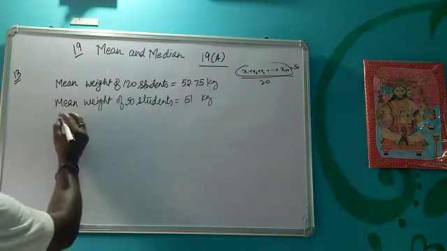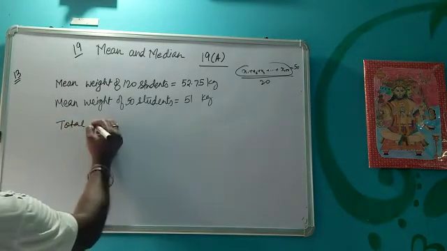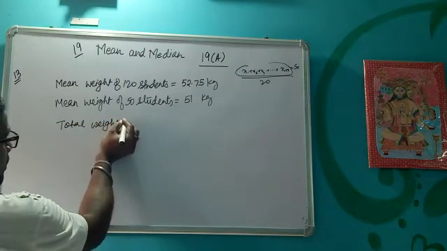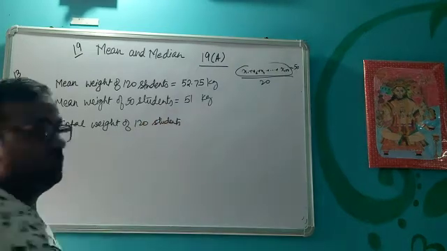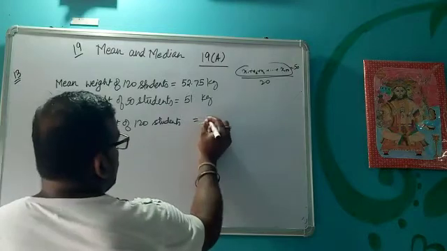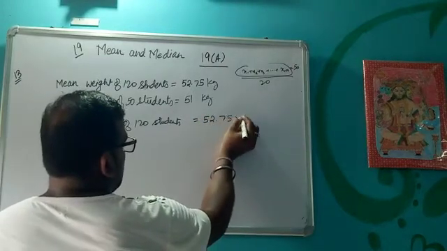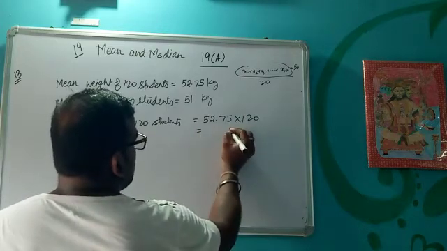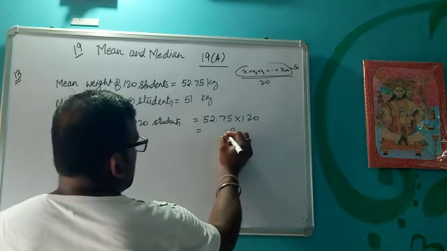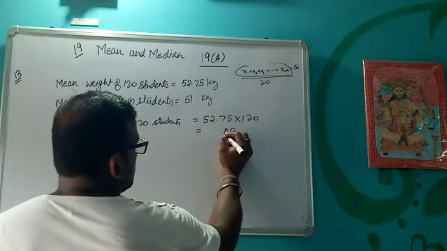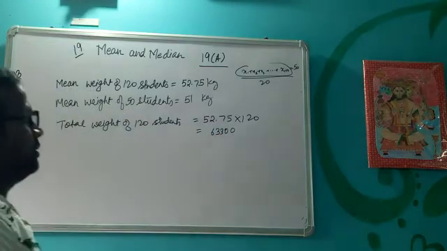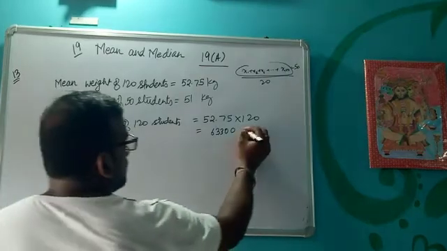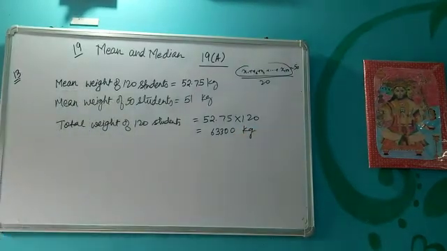So what we will do, first we will calculate the total weight of 120 students. Okay, first we have to calculate the total weight. So we will multiply, okay, so this will be the total weight of 120 students.